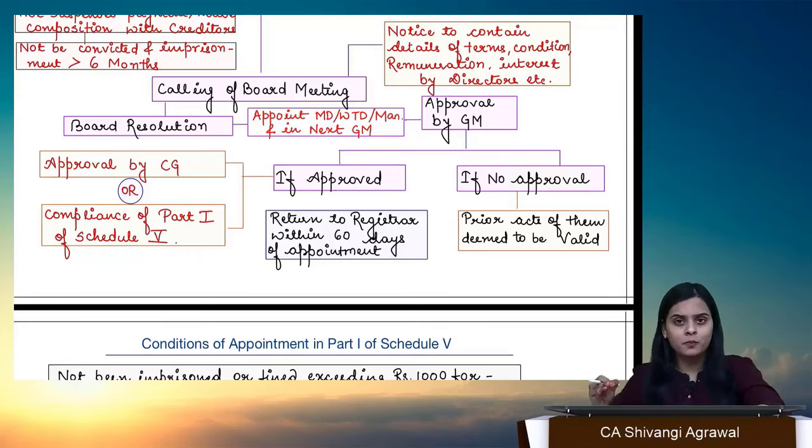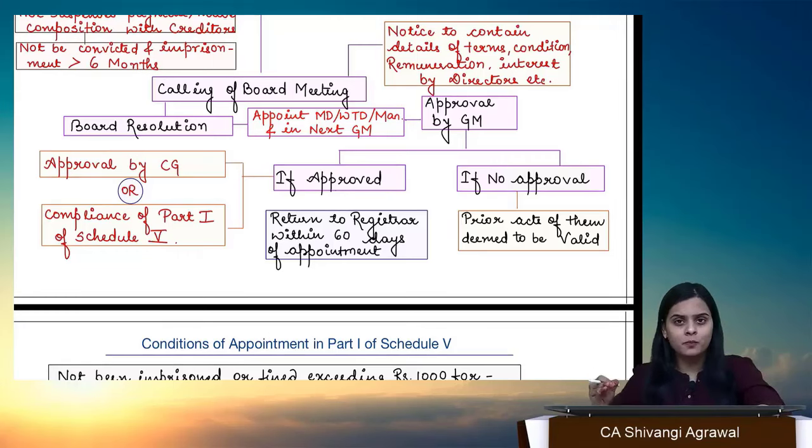In these cases, the remuneration can be paid even more than given in section 2 of part 2 of Schedule 5. If the remuneration is being paid by another company and in that company it is within the limit of managerial remuneration, plus it complies with the conditions of section 197, right?